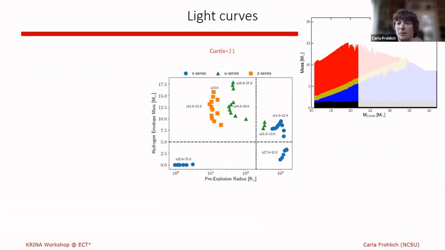So for example, the top right corner, large pre-explosion radius and large hydrogen envelope mass, are these less than 20 solar mass models of solar metallicity that have a large hydrogen envelope, and they're extended stars.